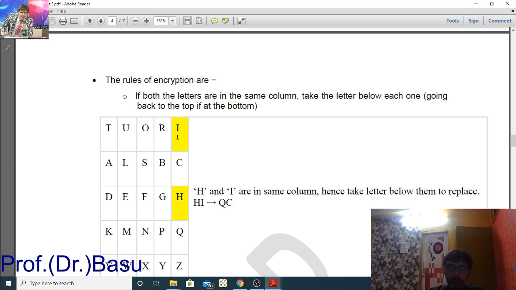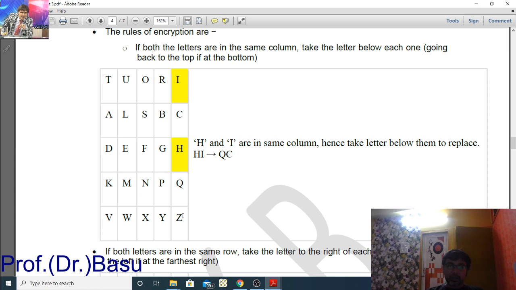So we will replace H by Q and I by C. Okay, so the character of the next row on that column will be replaced. So H will be replaced by Q and I will be replaced by C.